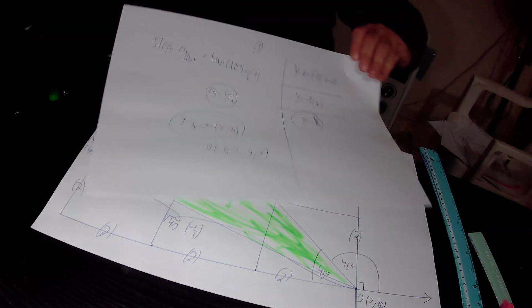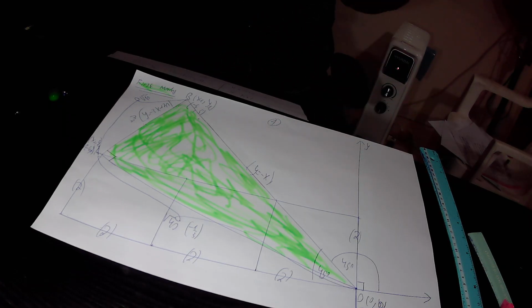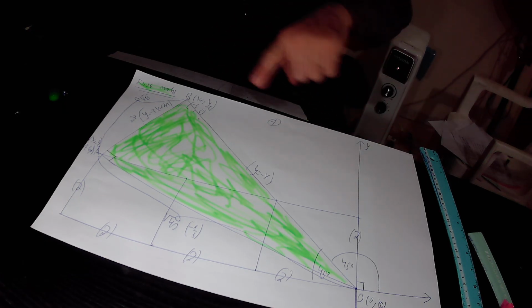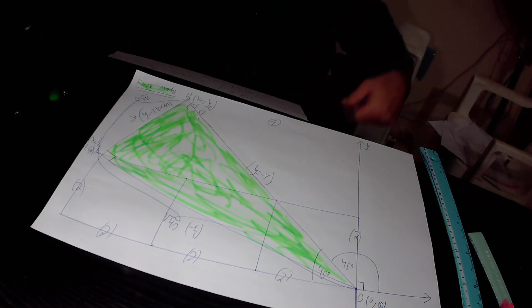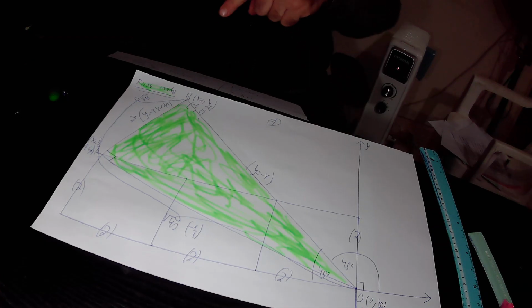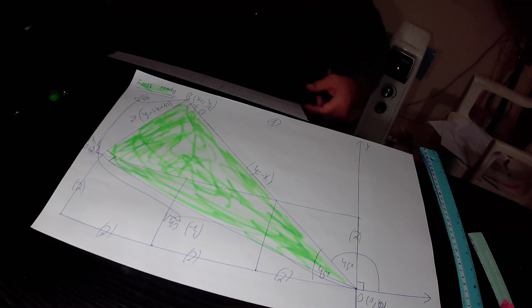That is to say, the slope of this straight line BO is -1. And whenever you have a negative slope, it means that the straight line is descending from the left side to the right side. If the slope is positive, then it will be rising from the left side to the right side.